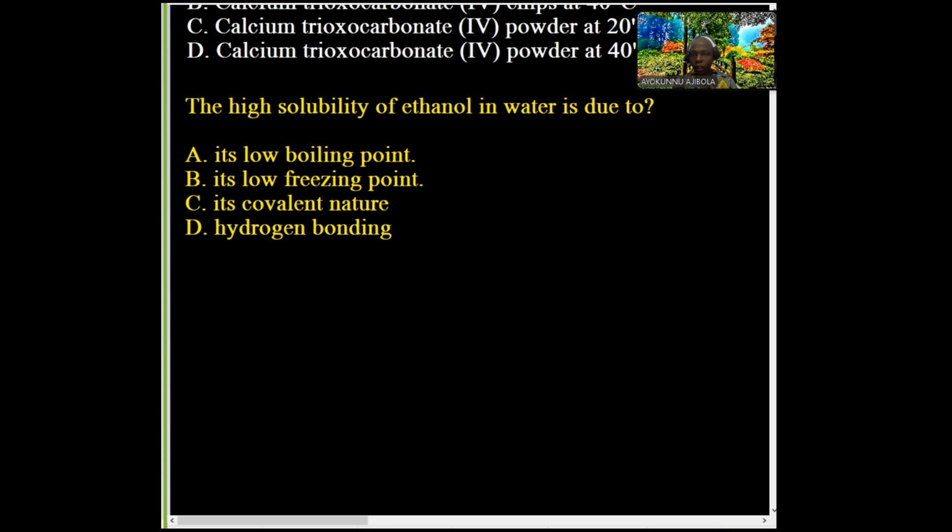You're talking about ethanol that it has high solubility in water. What does that mean? It means it can dissolve in water. It will mix with water and you might not even see the traces, unlike when you pour something of low solubility in water.